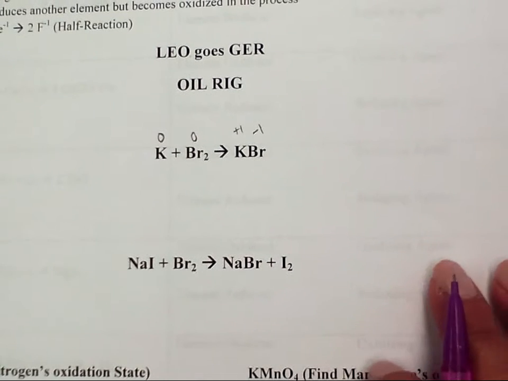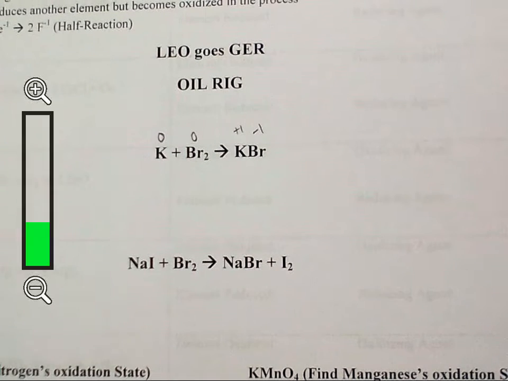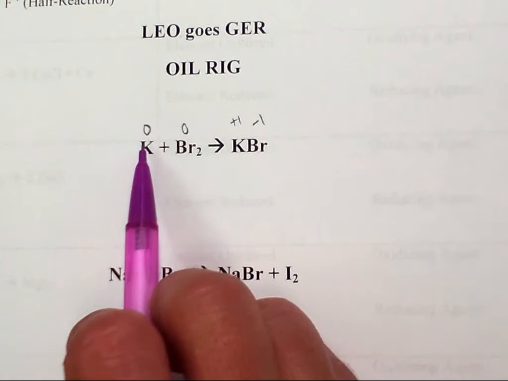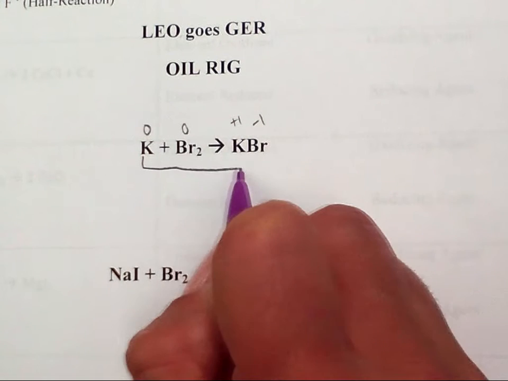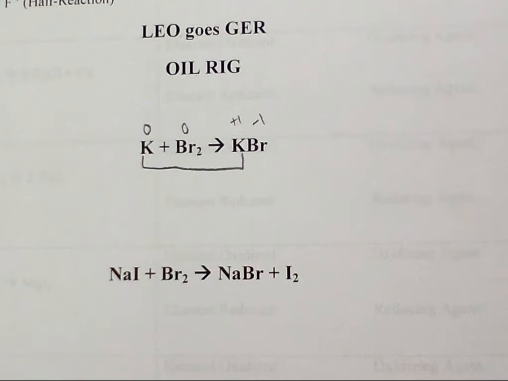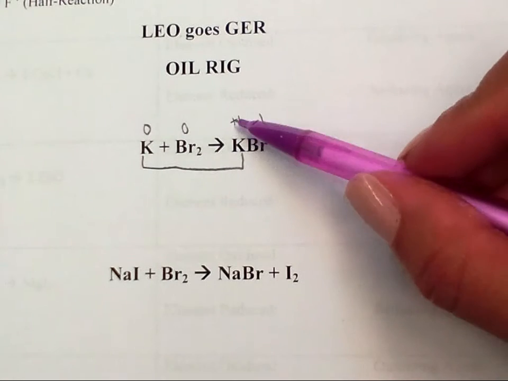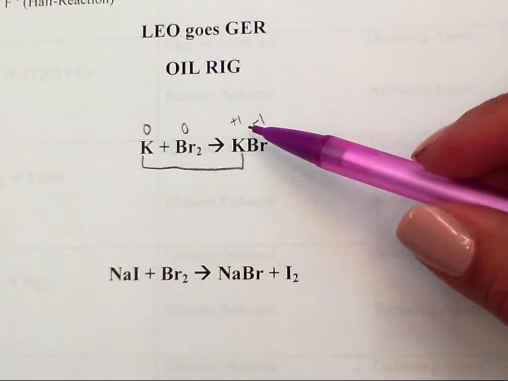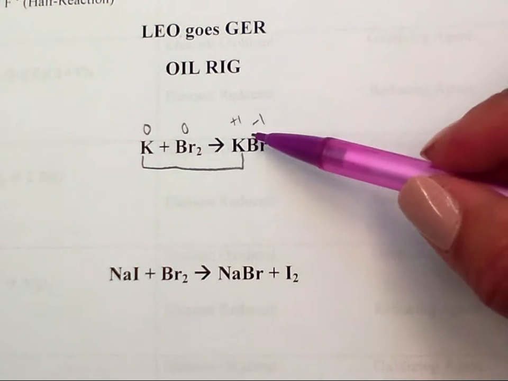Let's see what is actually happening here. If you have no charge on potassium, and moving over to the right side of the equation, you end up with a positive charge. What is happening to the electrons? That's what you will ask yourself each time.